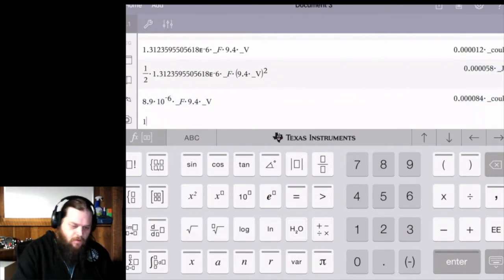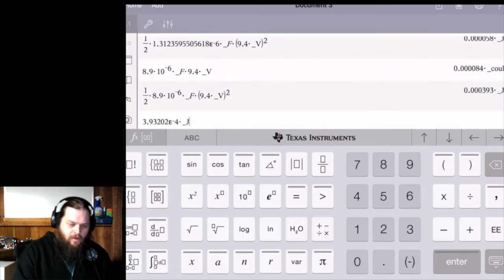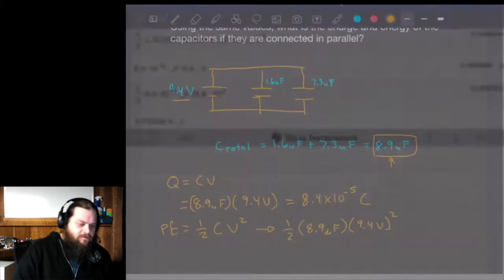So let's do 1/2 times 8.9 times 10 to the negative 6 farad times 9.4 volts, and that would be squared. And we end up with 3.9 times 10 to the negative 4 joules.